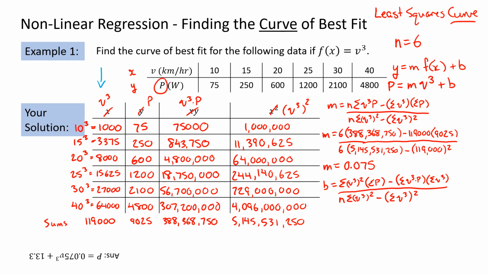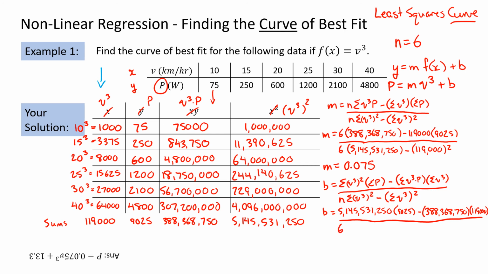Substituting in these values, b is equal to our first term, which is the sum of our last column here, 5,145,531,250 times the sum of our p terms, which is 9,025, minus our sum of our xy, which is our third column here, 388,368,750 times the sum of our first column, which was our x terms, or v cubed, which is 119,000. And that's all divided by the same denominator, if you remember.